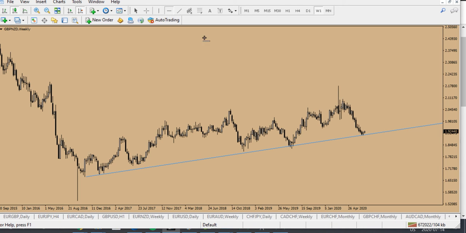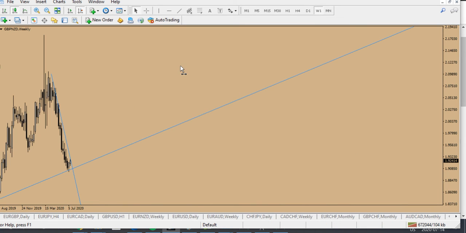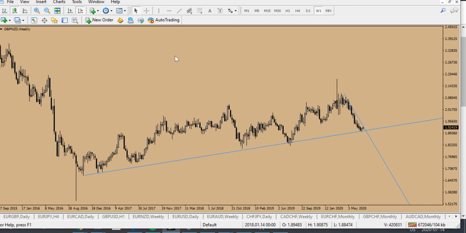Now, if you haven't entered, you could wait for it to break a sales trend line to enter. If you haven't entered yet, wait for it to break that trend line. If it breaks that trend line, you could enter. And then you could look to take your profits around that area.